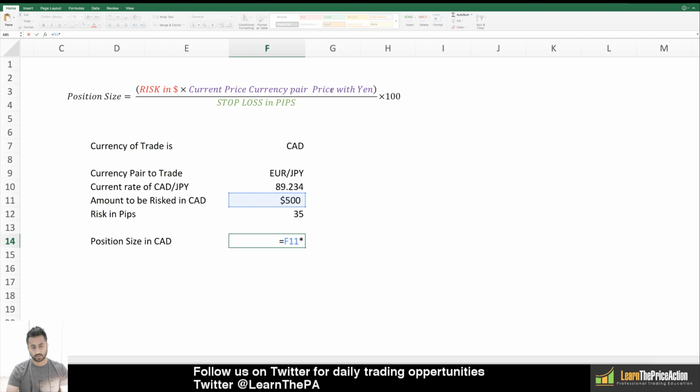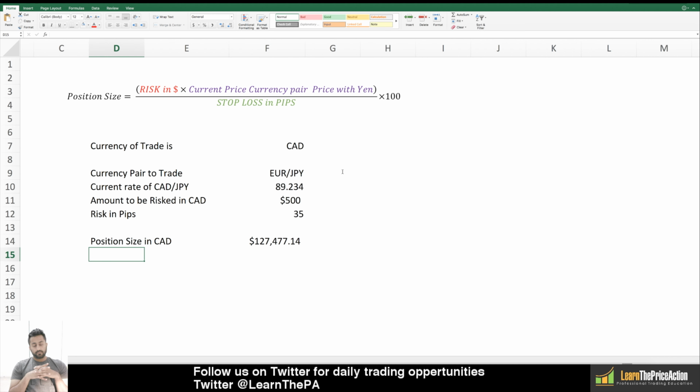So you went to the chart and you saw the price, which is this, and I'm just going to put some brackets around here, and then you divide that by the stop loss in pips. And I'm just going to multiply the whole thing by 100. So I'm just going to put 100 in front. Voila.